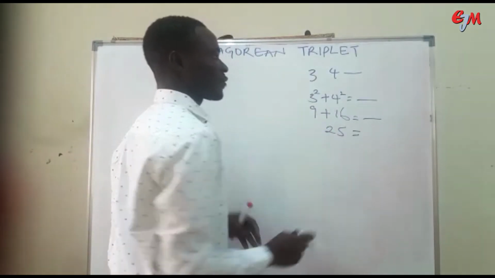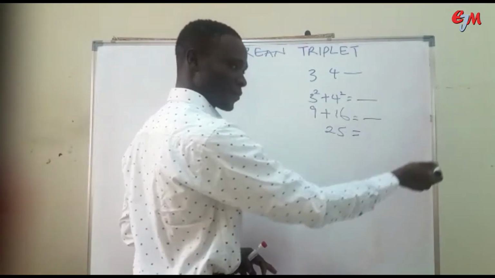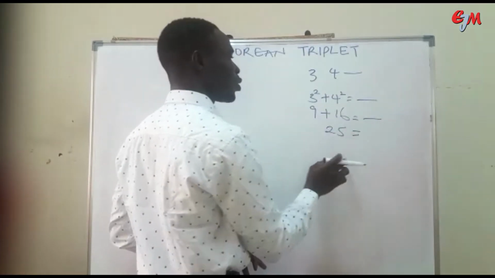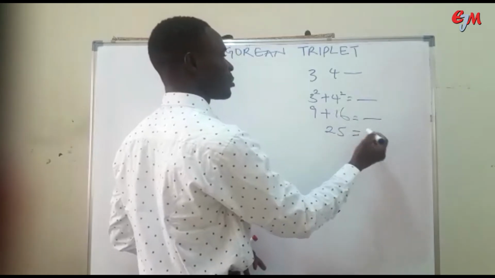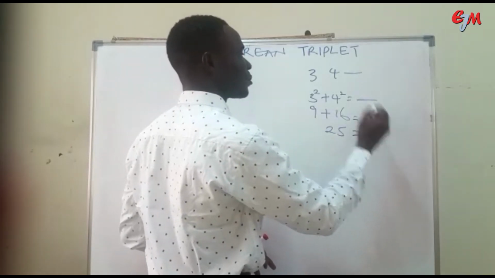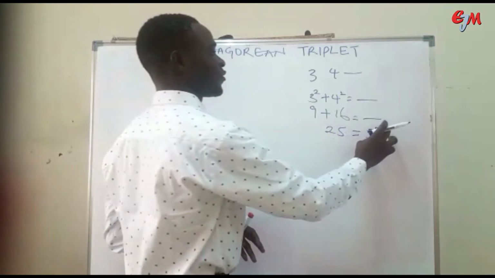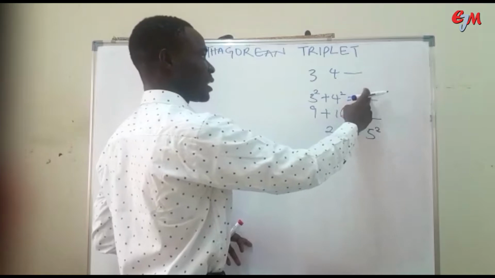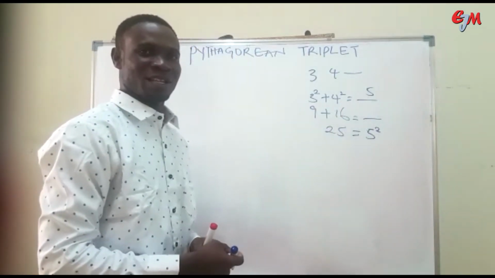And remember that this must be equal to this. So what is the square root of 25? This 25 can also be written as 5 power 2. Can you now see? That is to say that 5 power 2 is what is missing here, so the missing number is 5. Do you understand?